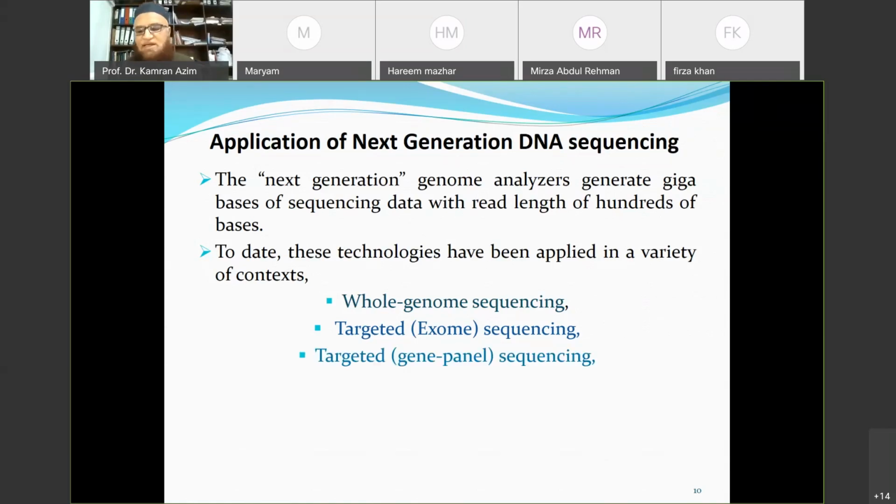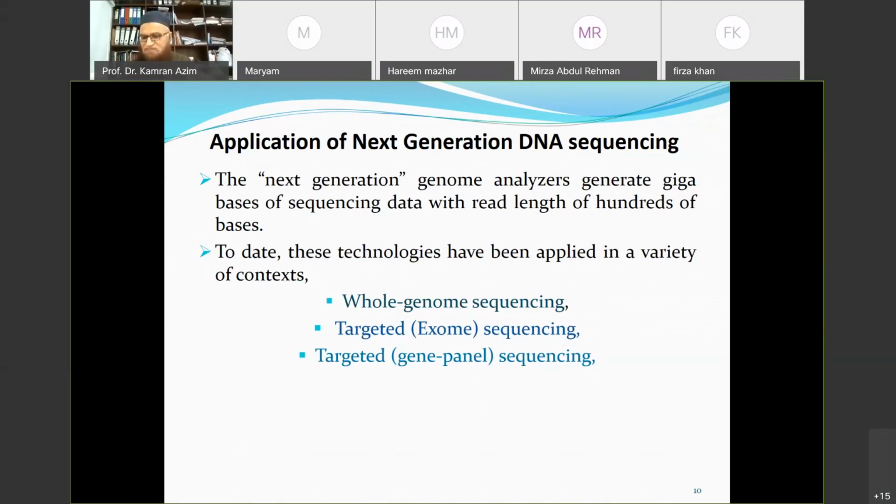And for example, if we are interested only in a panel of genes, not many thousands of genes, not the complete genome, say we are working on cancer, and there are 100 genes involved in cancer progression, and we want to sequence those 100 genes of a cancer patient, we can do gene panel sequencing.